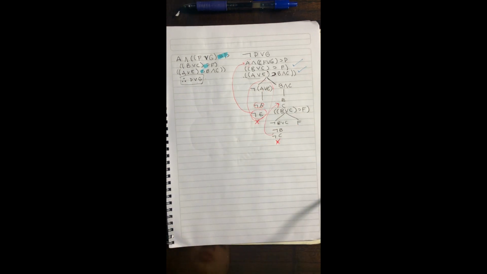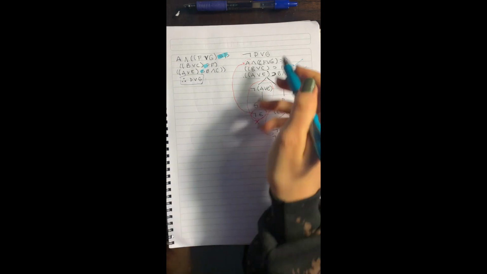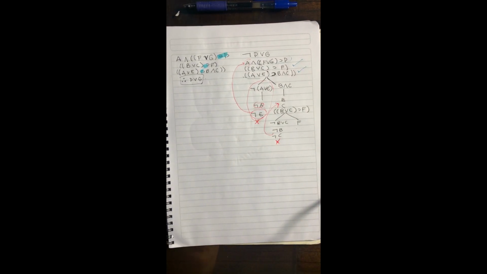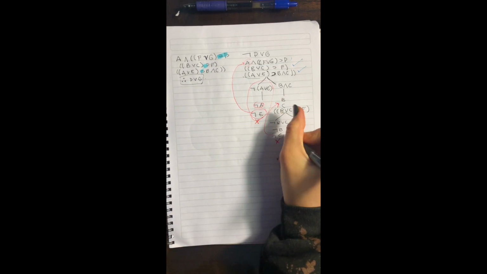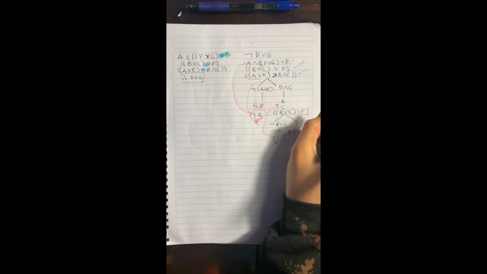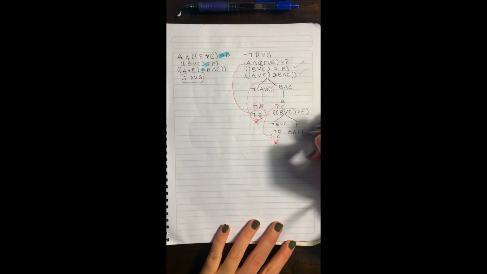And then we just need to do the top part, so this one, and we bring it down here. So A and F or G, then D.